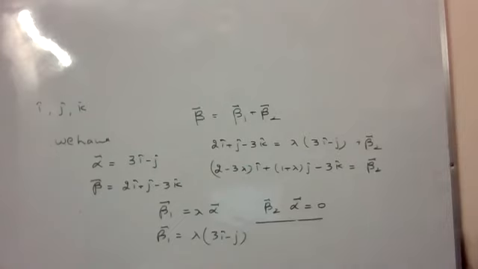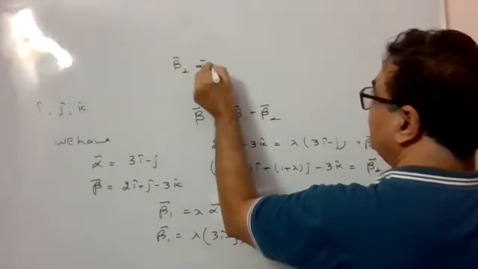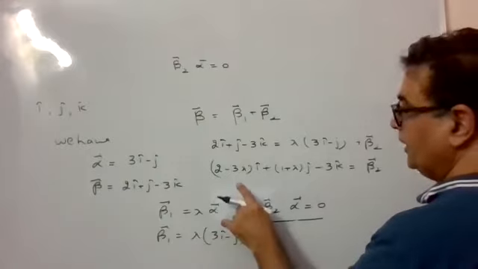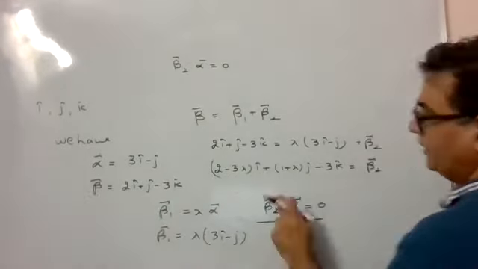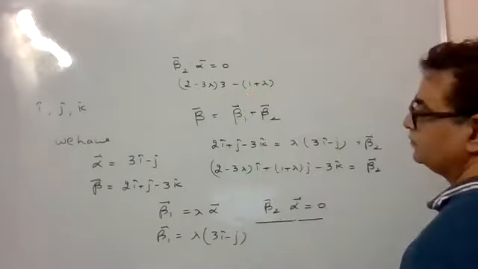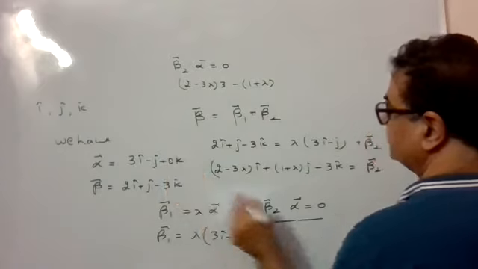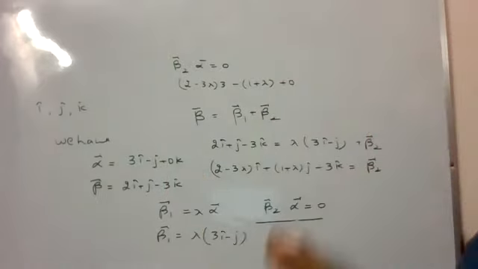This condition I will take into consideration now. बीटा 2 ये रहा और अल्फा ये रहा, बोलो भाई क्या होगा, इन दो का डॉट प्रोडक्ट हम ले रहे हैं, तो (2 minus 3 lambda) into 3, फिर आएगा minus 1 into (1 plus lambda), और तीसरा हमारा minus 3 into 0, so it's coming 0.